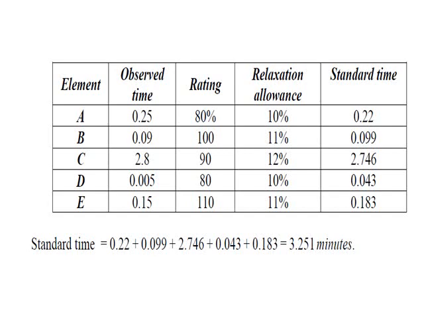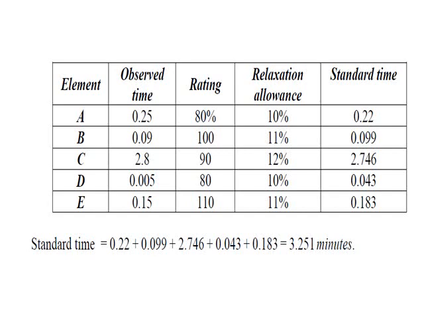So how did you get the value 0.22? What is standard time? Normal time plus allowance. What is normal time? Observed time into rating factor. For element A, 0.25 into 80%, that's 0.25 into 0.8, that is 0.2. So 0.2 plus relaxation allowance, 10% of 0.2, that is 0.02.